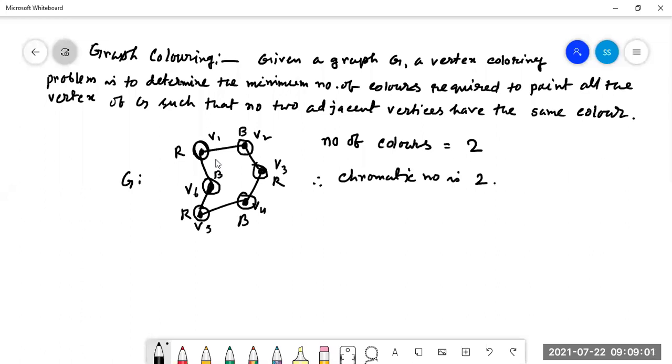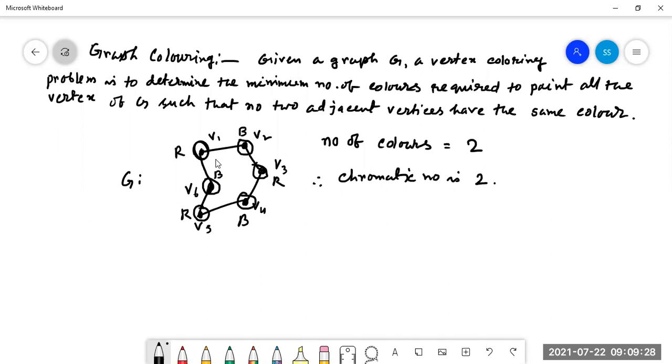Now adjacent to V5 are V4 and V6, so they cannot be red. Both are given blue. Now adjacent to V6 are V1 and V5. V6 is blue, so V1 and V5 cannot be blue. They are red. So the minimum number of colors required to paint all the vertices is 2, red and blue.